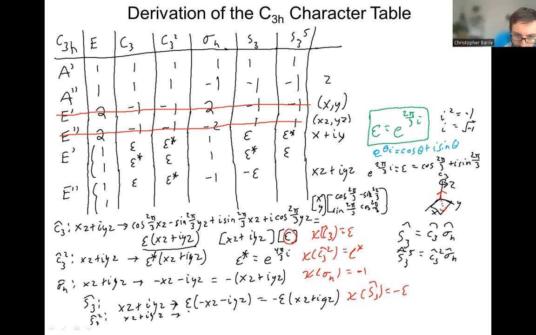But now, very similarly, instead of having epsilon conjugate times xz, we have minus xz, because z went to negative z, minus iyz. So we're going to get negative epsilon, the complex conjugate of negative epsilon. That's going to be our character. So we can put that character right here.